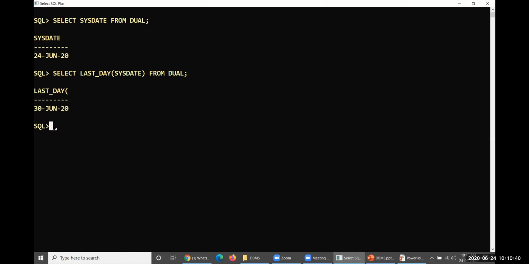You may have to access this last date of that particular month while calculating or forecasting some kind of data. That is where last date can be taken into consideration.